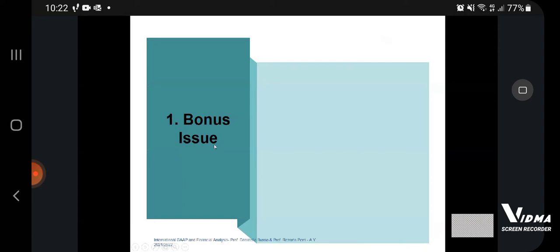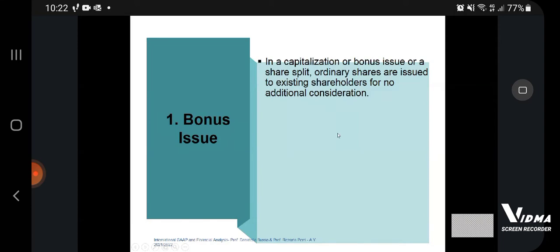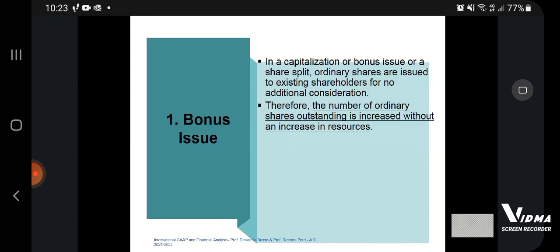So, in a detailed manner, what is a bonus issue? Ordinary shares, as we said, are issued to existing shareholders for no additional consideration. That means we are not receiving any money as the company. We are issuing the shares to common existing shareholders, and no money is coming in the company. That means that the number of ordinary shares outstanding is increased without an increase in resources.